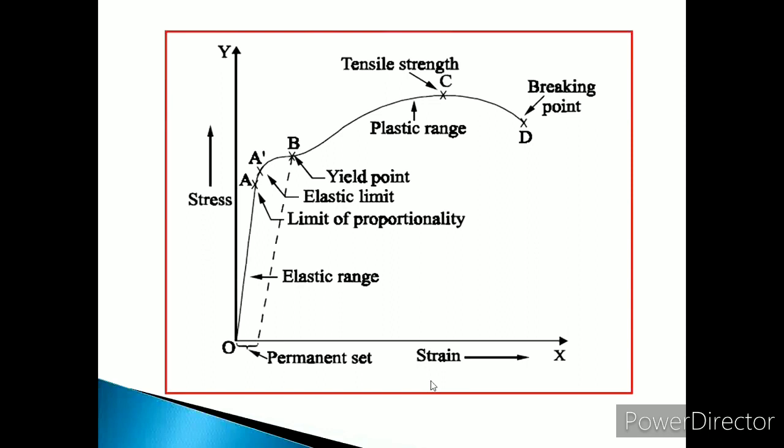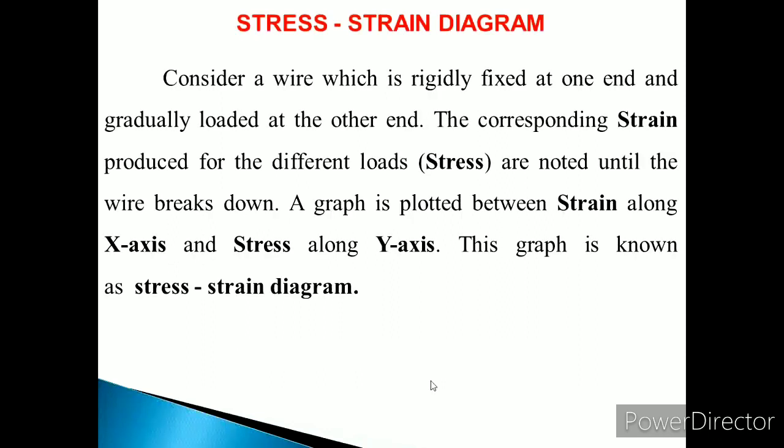For drawing the diagram, first of all, we have to fix one wire, an elastic wire, which is rigidly fixed at one end and gradually loaded at the other. That means the wire has two ends. One end is rigidly fixed and at the other end we apply the load. Due to the application of varying load, the stress and proportional strain will change.